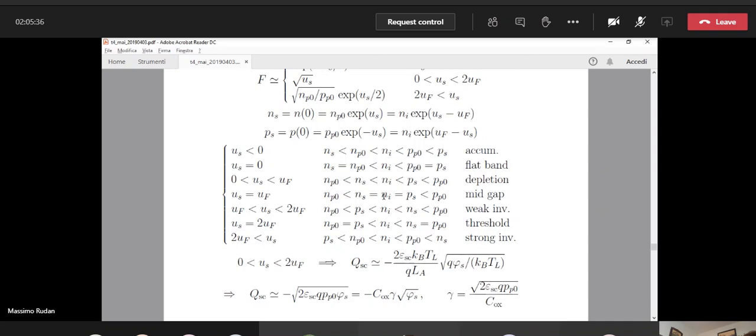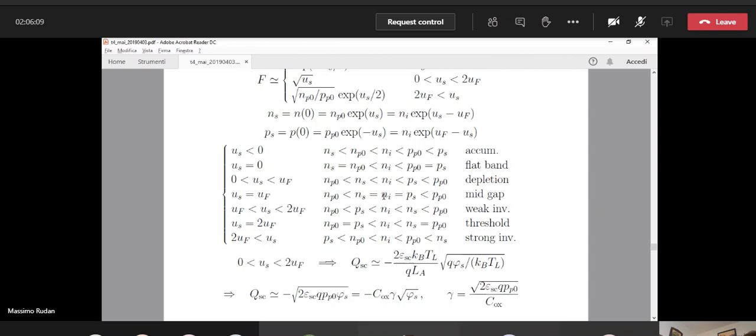You remember in the intrinsic semiconductor, the two concentrations are everywhere equal to each other. Here they are equal only at the surface. And you remember, in the intrinsic semiconductor, the Fermi level is at the mid-gap. So this condition is called mid-gap. The surface is in a condition that is equivalent to that of the intrinsic semiconductor.